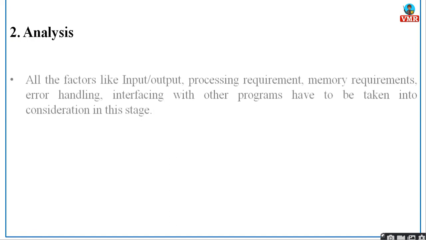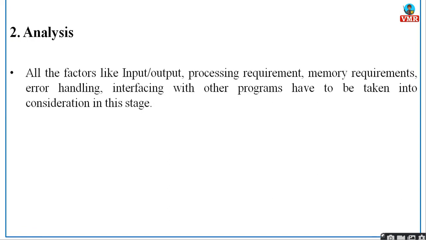Then next comes your analysis. Analysis means you are trying to analyze the problem, whatever code you are writing or whatever question you are considering. First, you need to analyze it. All the factors like input, output, processing requirements, memory requirements, error handling, and interfacing with other programs have to be taken into consideration in this stage.